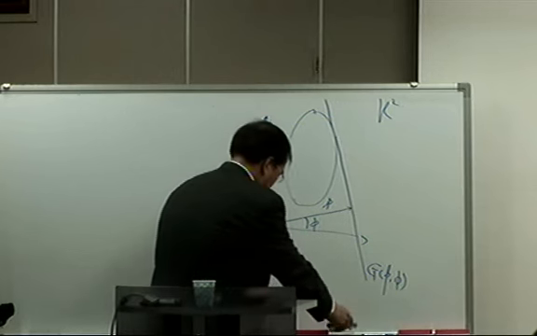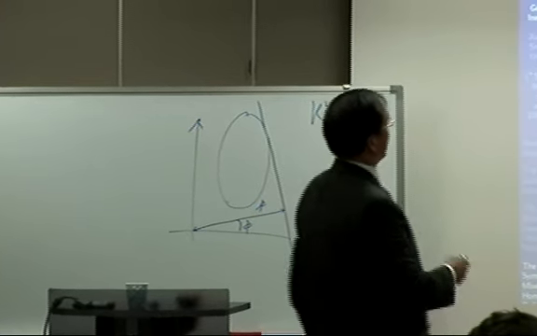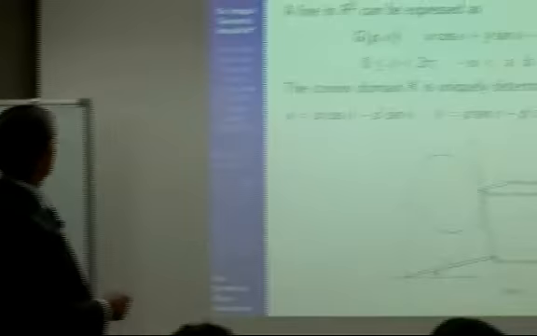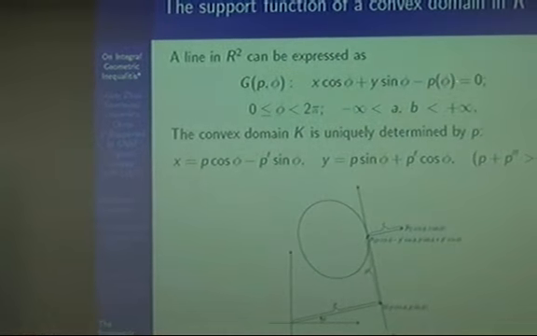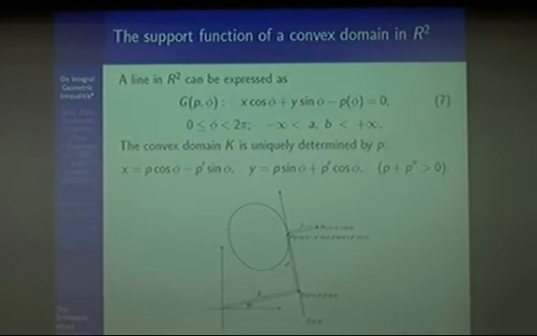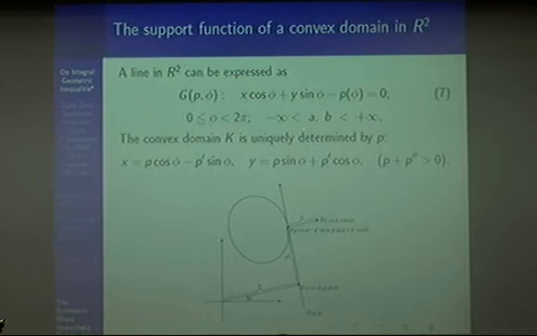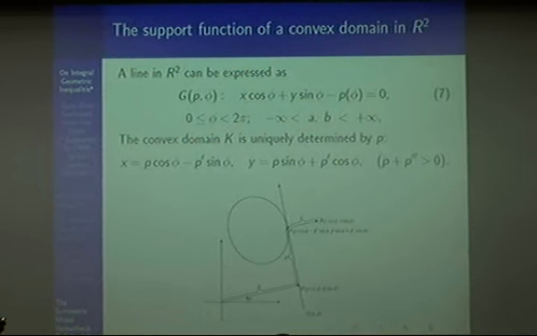So in the two-dimensional case, we have the support function, with phi between 0 and 2 pi, and P from 0 to infinity. Sorry, there's a mistake here.